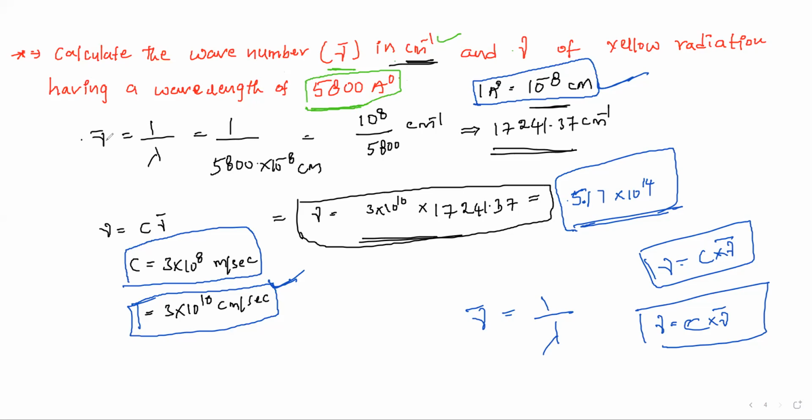The wave number is inversely proportional to its wavelength, so we get 1/5800 angstroms. 1 angstrom equals 10⁻⁸ centimeters. So we get 10⁻⁸/5800.